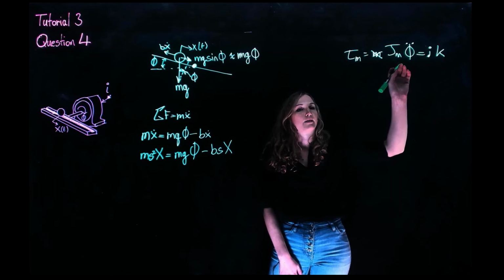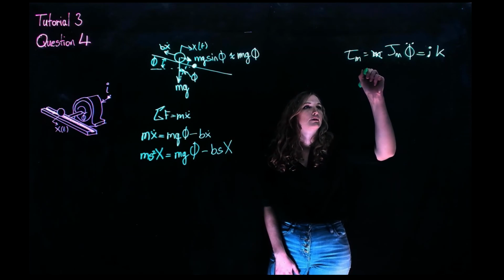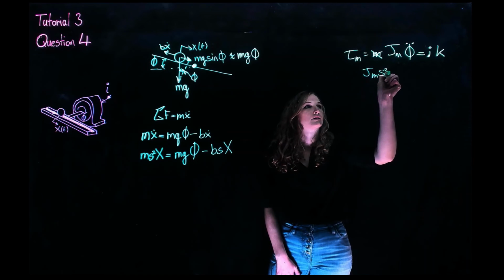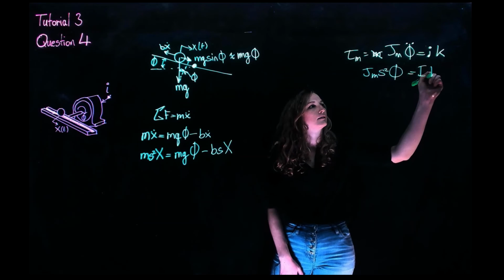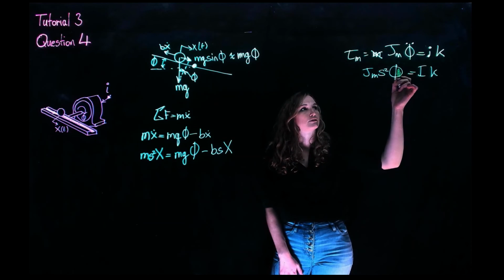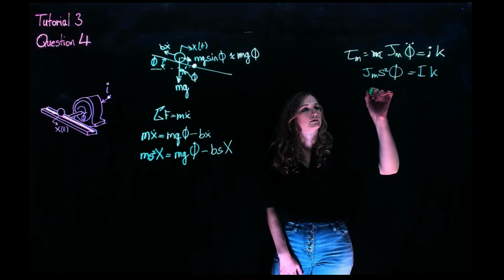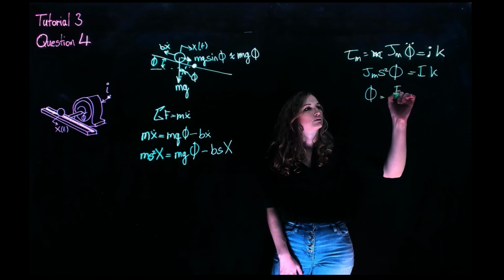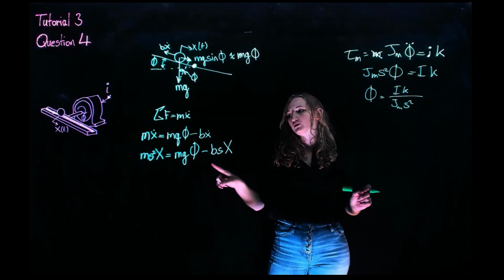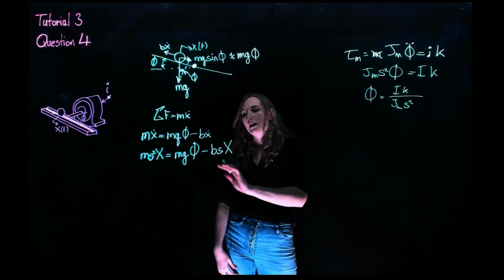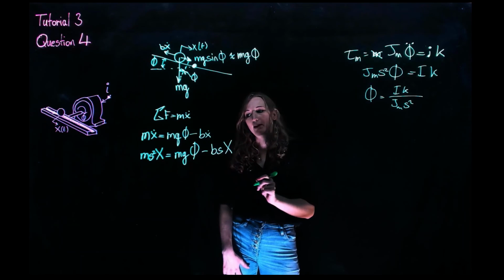And for the mechanical portion of our system, we will get jms squared phi equal to I k. Rearrange this so that we have an equation for phi equal to I k over jms squared. And finally plug that into our equation of motion, and then we just need to rearrange to get our transfer function.